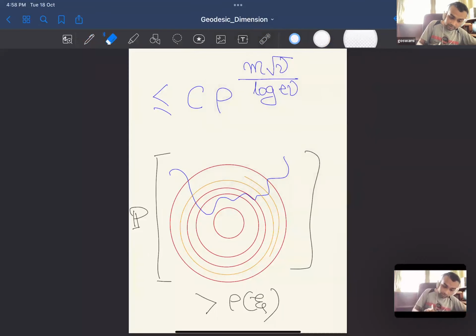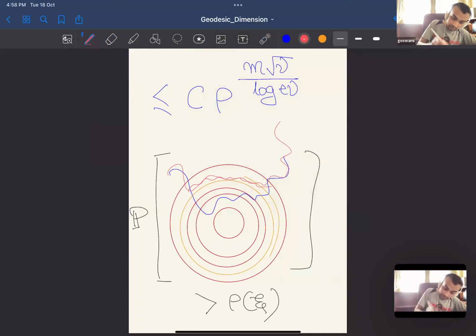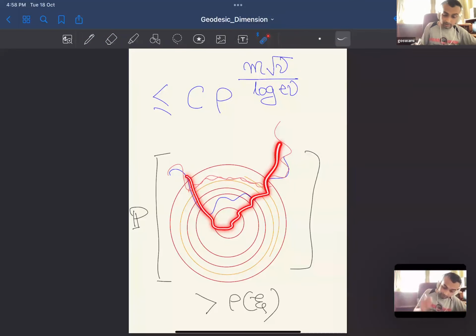Rather, when it is crossing this one, it is incurring a bigger distance than going around. So it would be economic for the geodesic to go around it. So the geodesic would rather be this than going through this inside ball.